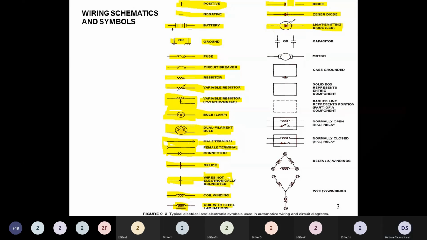Now in the fourth diagram we see the symbolic and schematic representation of the capacitor. In fact, there are two capacitor symbols shown because there are two most popular capacitors.